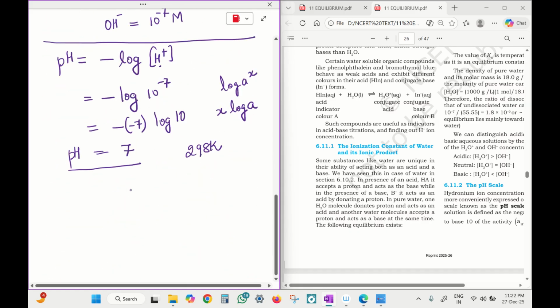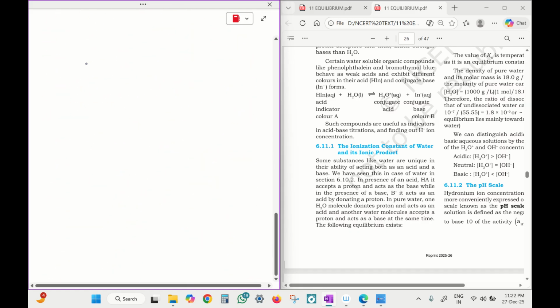Let us just hypothesize that at a different temperature, say for example at 310 Kelvin, the Kw is measured to be 10 to the power minus 12, which is an extreme case. I am just taking it for simplicity. So Kw happens to be 10 to the power minus 12. What is meant by Kw?